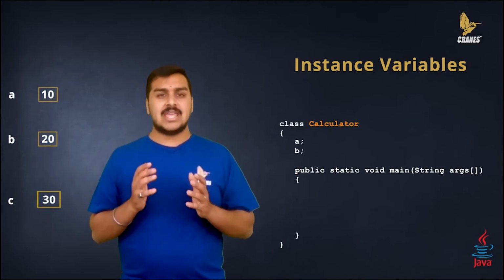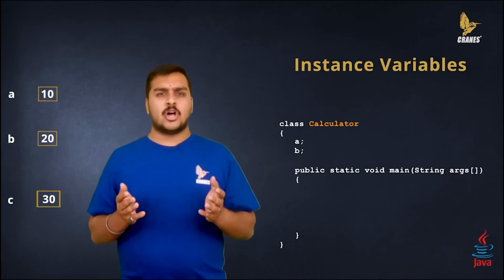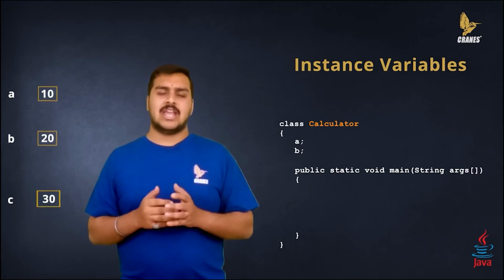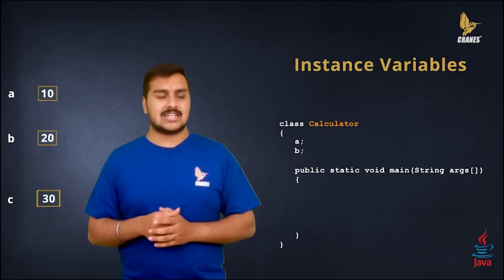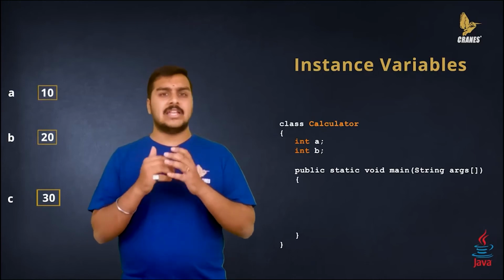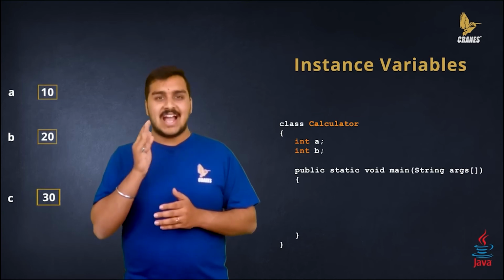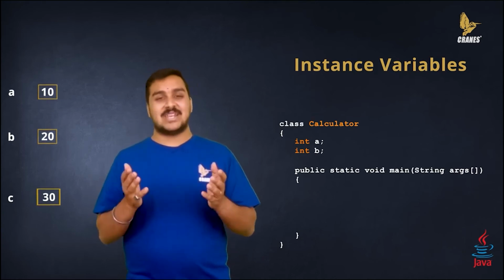So a and b are the variables that are present inside your class. And as normal, they will be associated with the data type int and int. Now, what is the next thing that I should be performing? I need to perform the addition of these two variables. Before I perform the addition, I need to add values into them. That's very important.